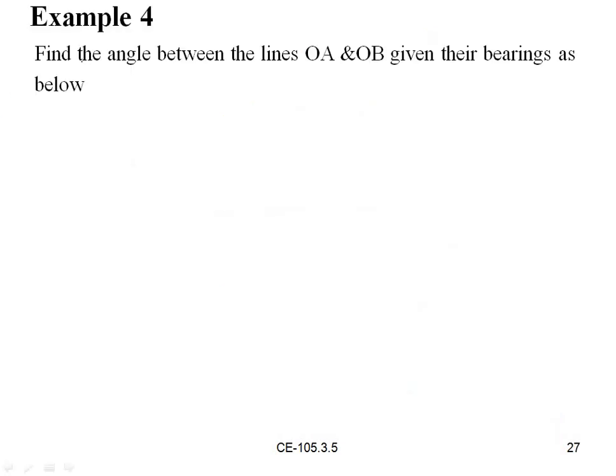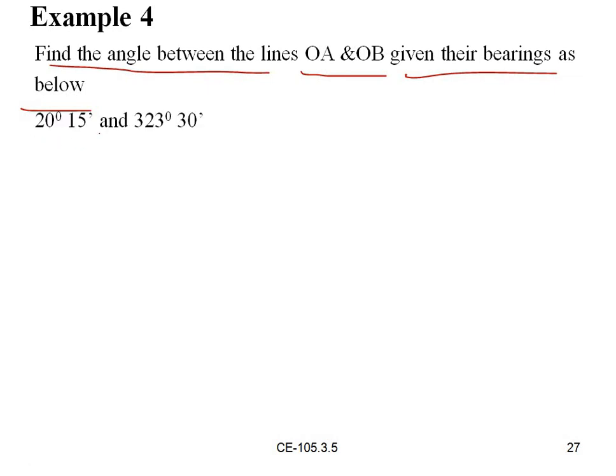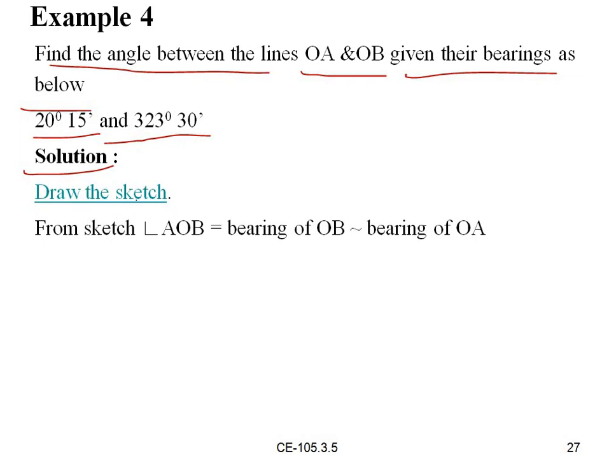The next example, example 4. Find the angle between the lines OA and OB given their bearings as below: 20 degrees 15 minutes and 320 degrees 30 minutes. Solution. Draw the sketch.